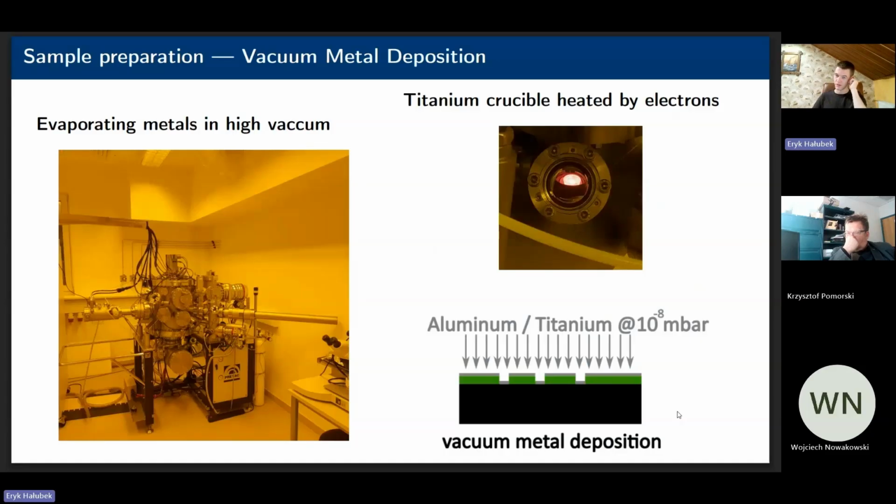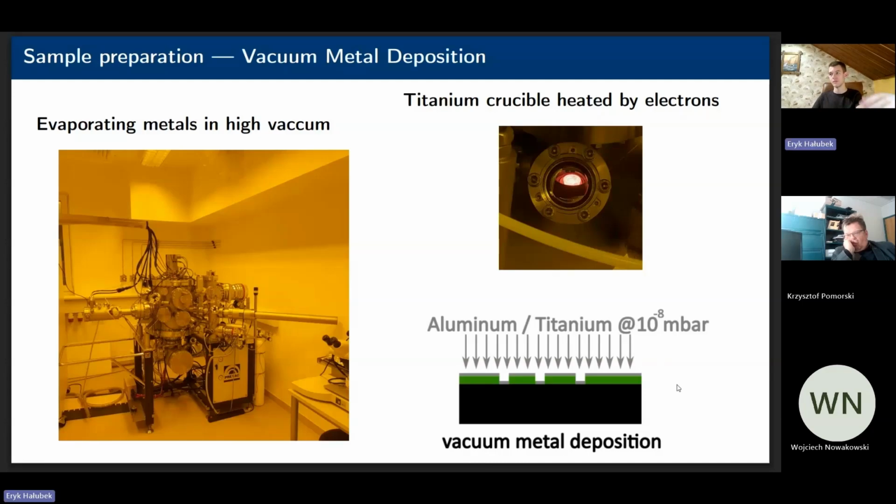And if you want to have, let's say, 30 or 14 nanometers of your metal, it takes like half an hour, because in between the sessions of evaporation, you make a break. You open what's called the shutter, and it exposes your sample to the beam of atoms that is coming from this crucible.